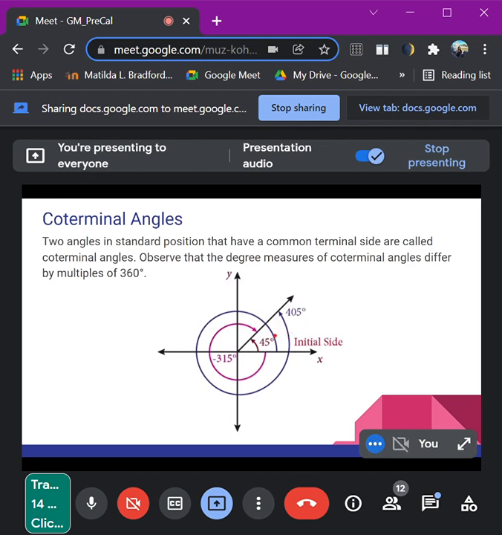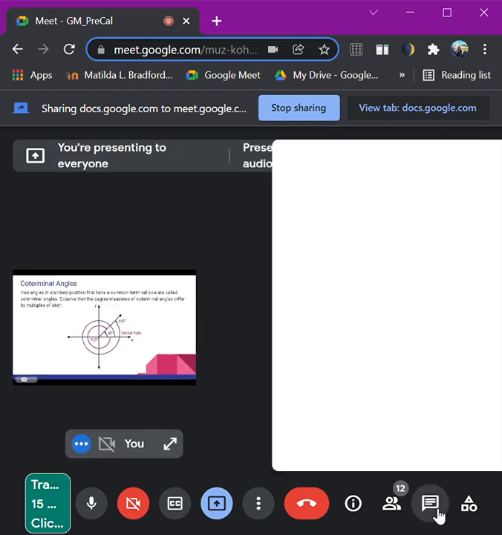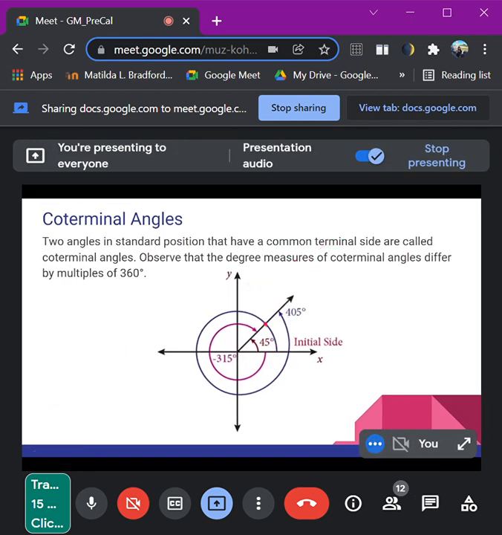This arrow, or this angle, this rotation. Does it lie on the positive x-axis? Yes or no? Does it lie on the positive x-axis? Its initial side. Does it lie on the positive x-axis?